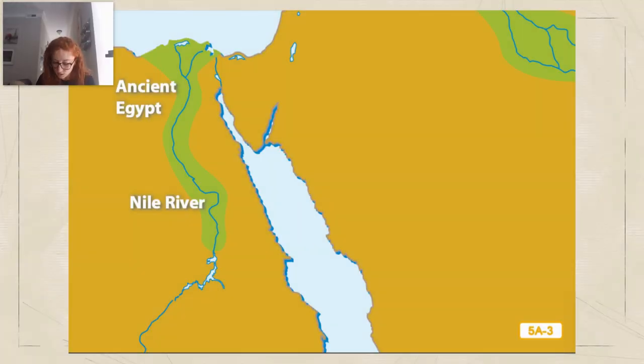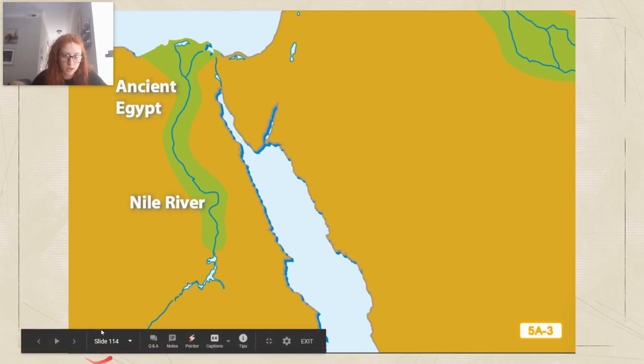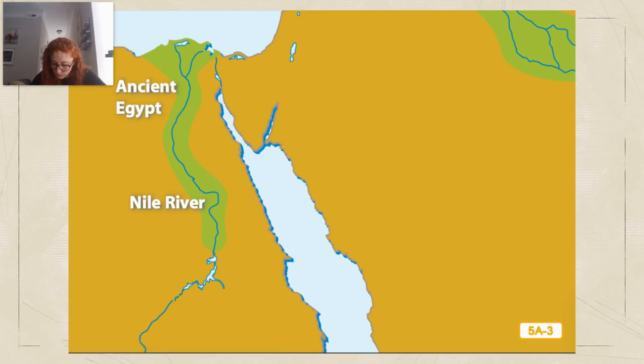All right. So the Nile begins its long journey to the sea in the high mountains of Central Africa. So Central Africa is over here, kind of in the middle. Every spring, heavy rainstorms fill Africa's mountain lakes, emptying water into the Nile.